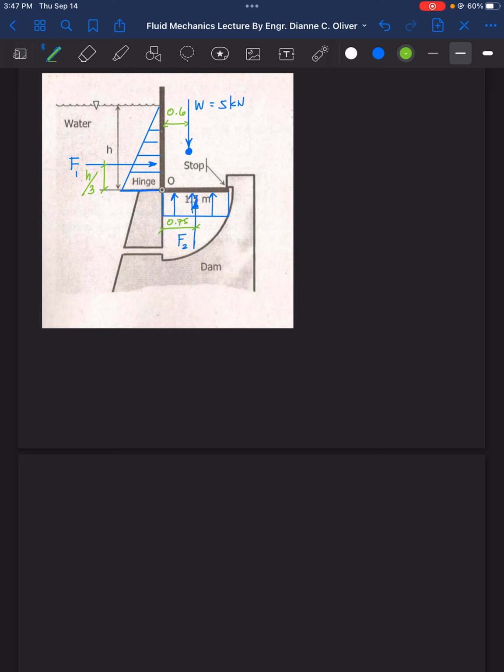First, we need to find the value for F1. For F1, the horizontal hydrostatic force is gamma of water times the HC times the projected area. Our HC is the location from the water surface up to the center of gravity of the projected area.